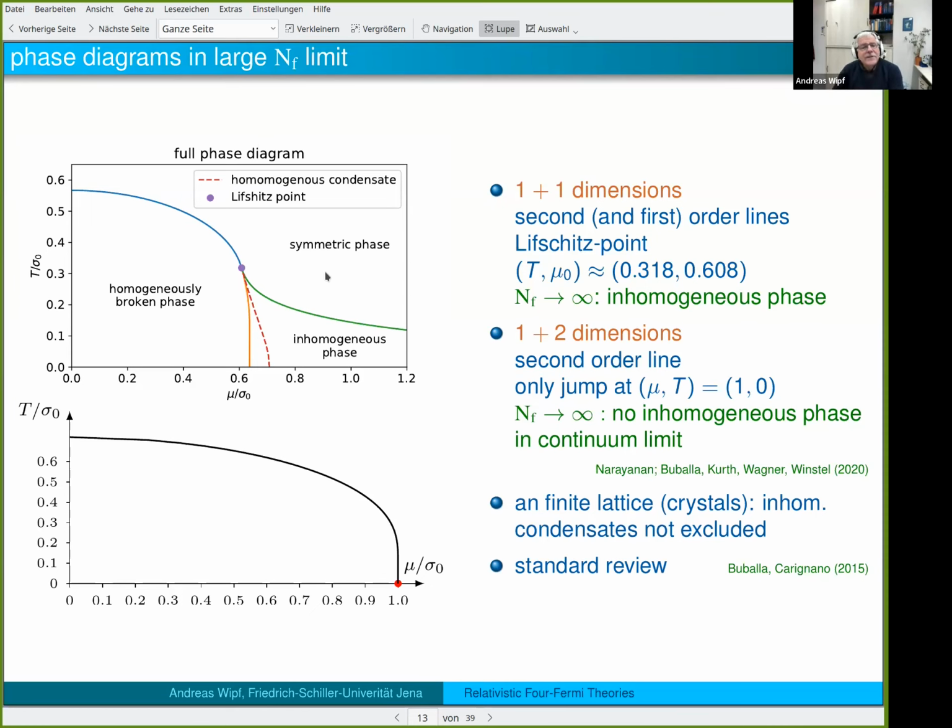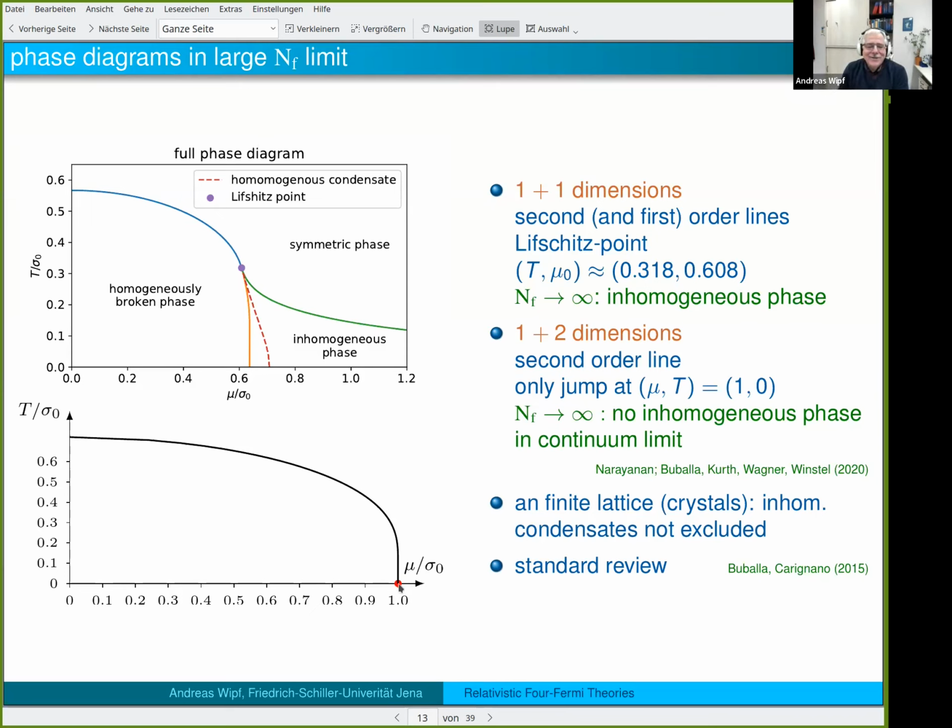Now, what is the situation in three space dimensions? That's the second diagram. If you just have homogeneous fields, then what you find is a second-order line which goes all the way down to temperature equals 0. Everything is second order. Only at T equals 0 is it actually funny: the effective potential is really absolutely flat.